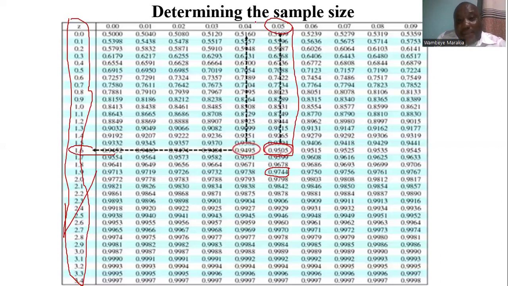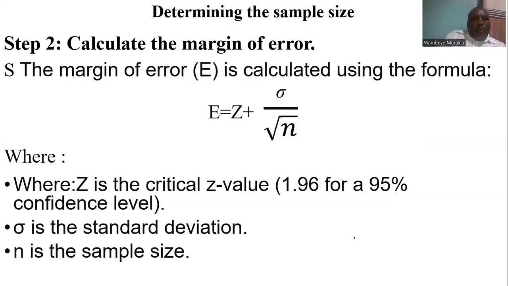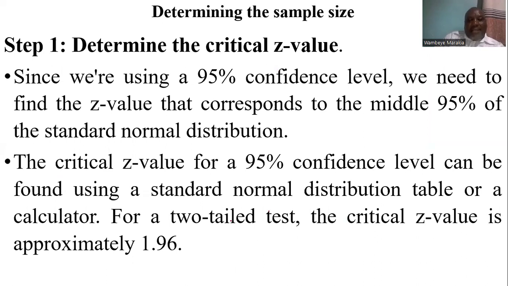And this one is at margin of error 0.05. So this is the value that corresponds to that. This is step number 1, because the first step here, we were looking at a Z value at 95%. We found that it's 1.96.